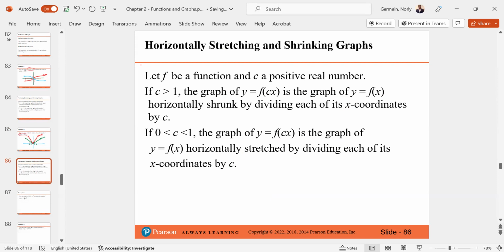It's possible to stretch it and shrink it horizontally. If you let f be a function and c a positive real number, if c is greater than 1, the graph of y equals f of cx is the graph of y equals f of x horizontally shrunk by dividing each of its x-coordinates by c.